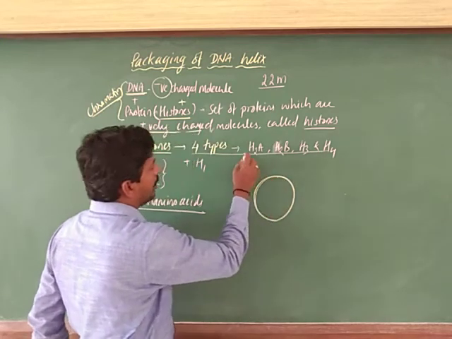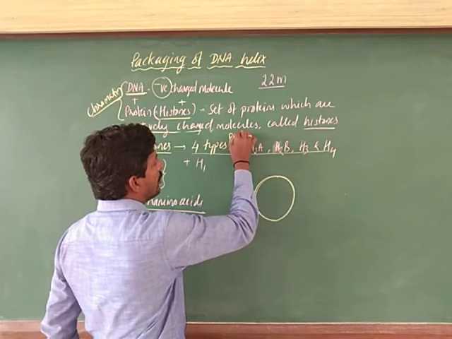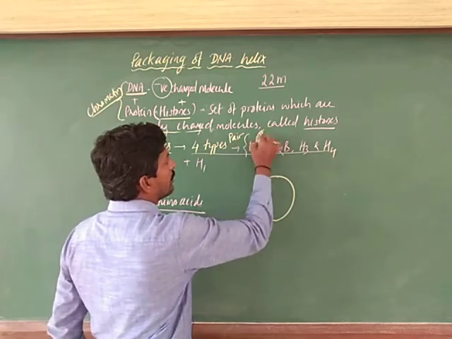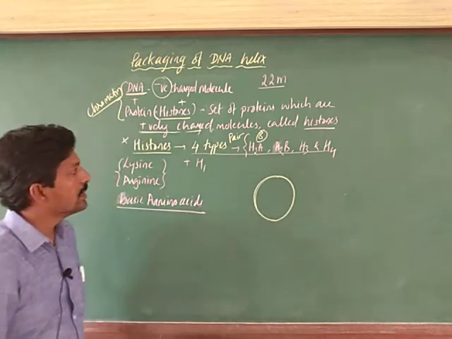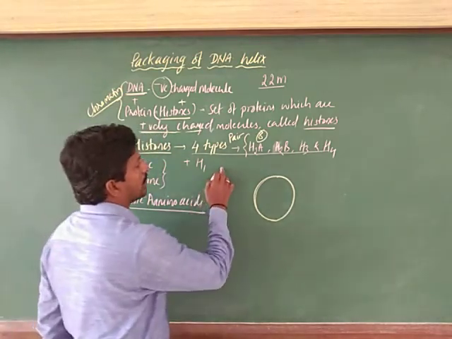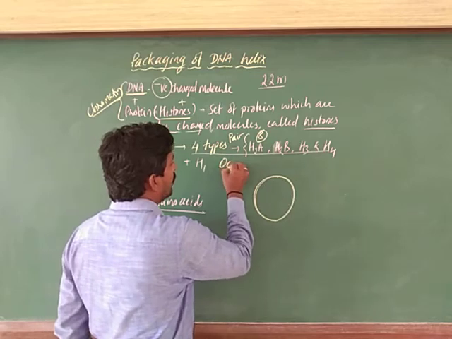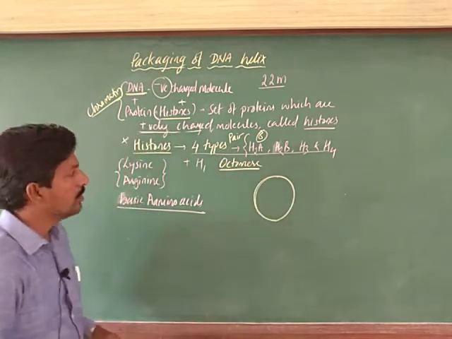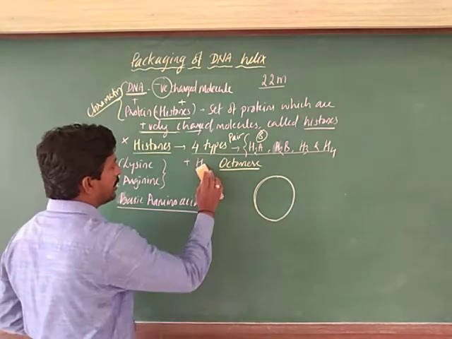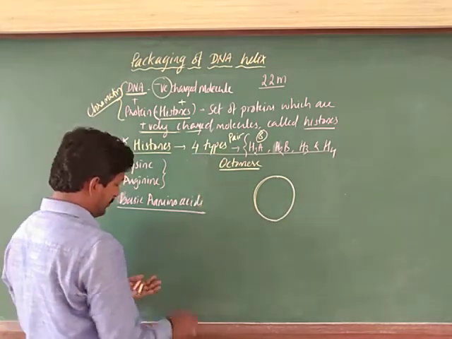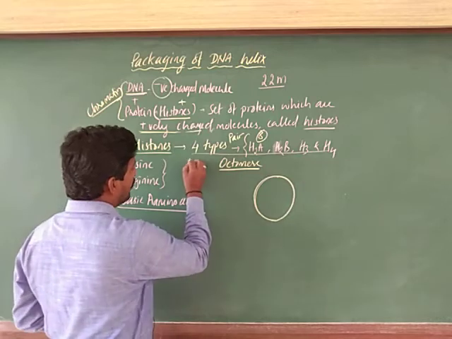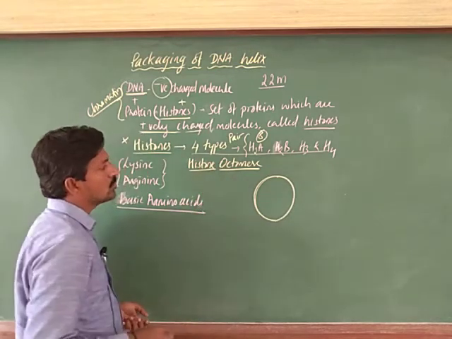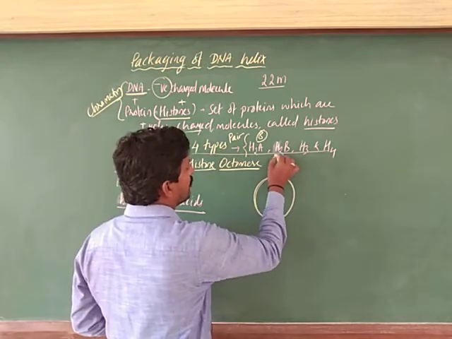When these become paired, 4 into 2, so 8 in number, hence it is also called an octamer, the histone octamer. It has 8 proteins.